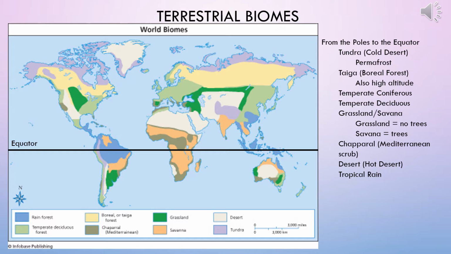Grasslands cannot support trees. Their soil is not stable enough to support something that large. However, savannas can support small trees. So when you think grassland, think Midwestern U.S. When you think savanna, think the Lion King, because you find your savannas in Africa.